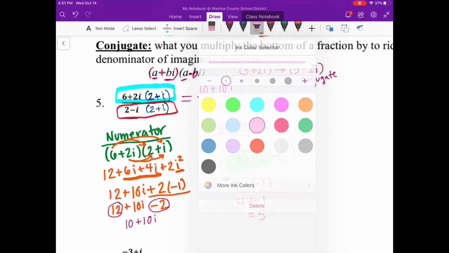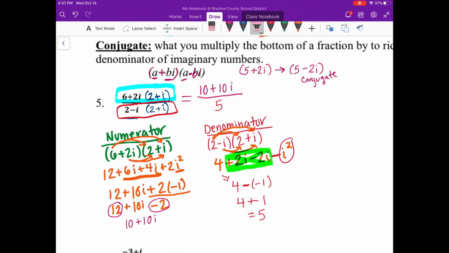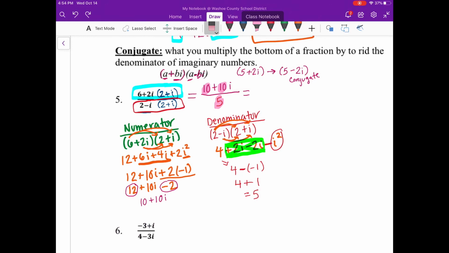Now, before we can say that we are done, you always want to go back and check, see if any of these terms, the numbers themselves, have anything in common that you can divide out. So if you can simplify, please do. In this case, when I look at 10, 10, and 5, I can see that they are all divisible by 5.